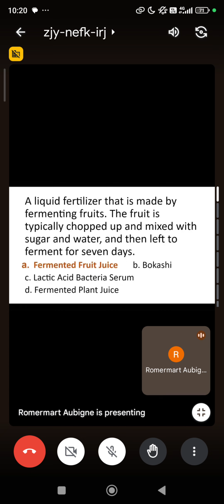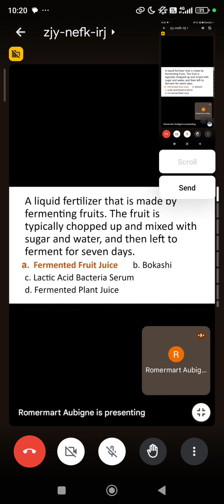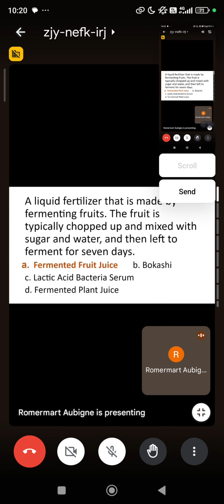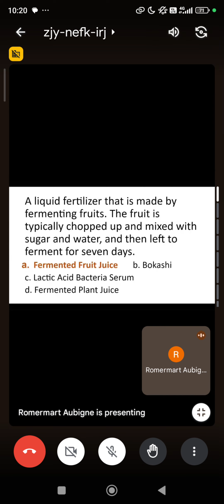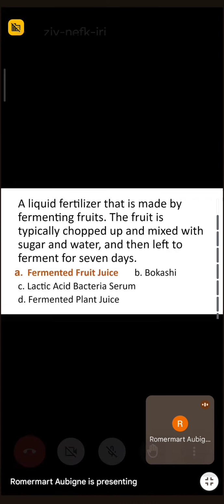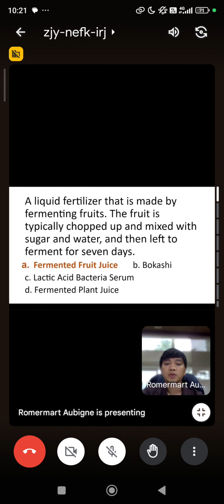So, all dyan ay organic fertilizer that can be used to improve plant growth and health. So, yung fermented plant juice is yung FPJ na tinatawag natin, a liquid fertilizer that is made by fermenting plant materials such as young shoots, leaves, and waste and water.